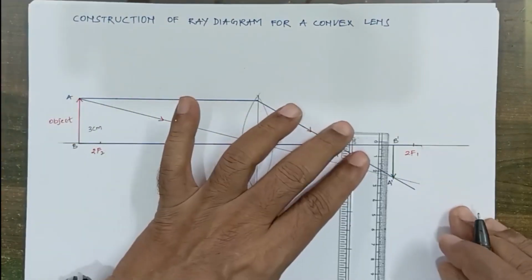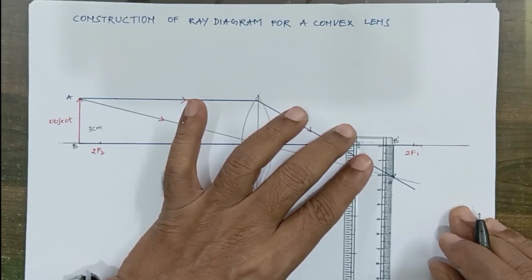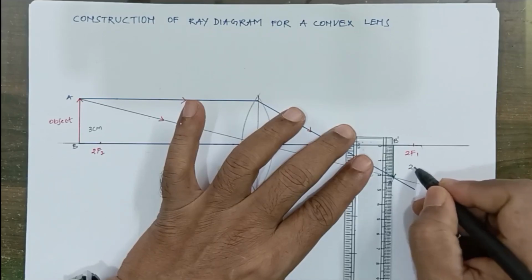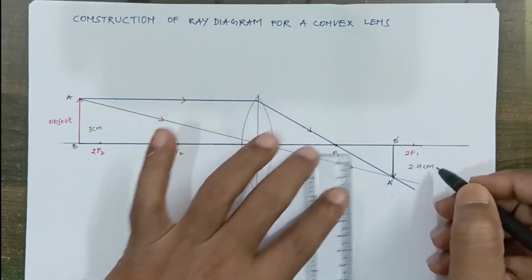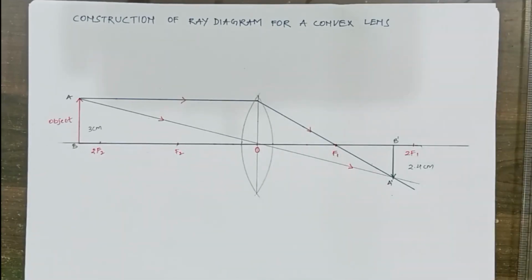The image is approximately 2.4 centimeters. So this is the ray diagram using a convex lens.